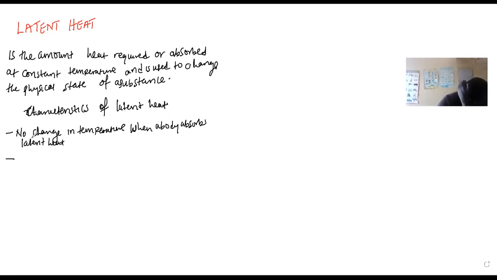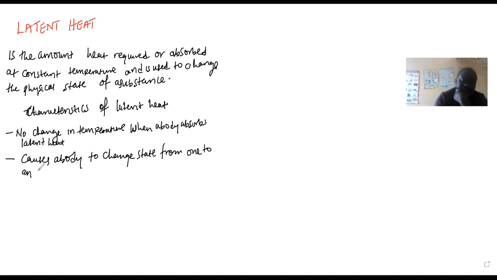Then the second one, it causes the body to change state from one state to another, like I've mentioned. Whenever you have latent heat, there must be change of state. Okay? Latent heat cannot occur without a change in state.